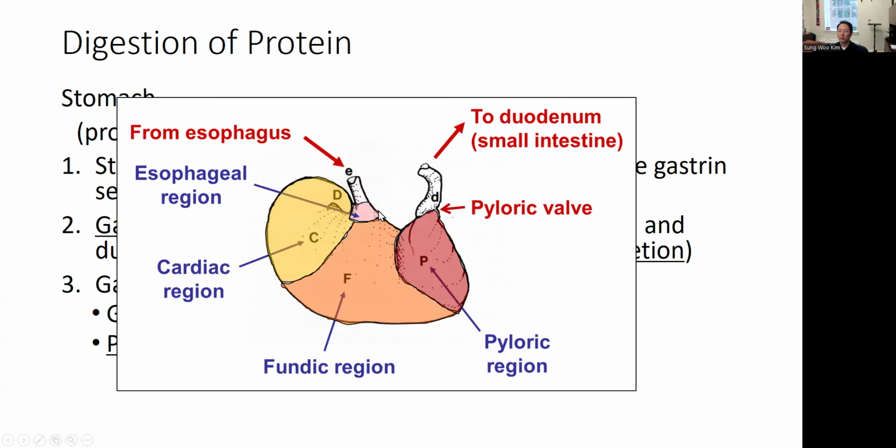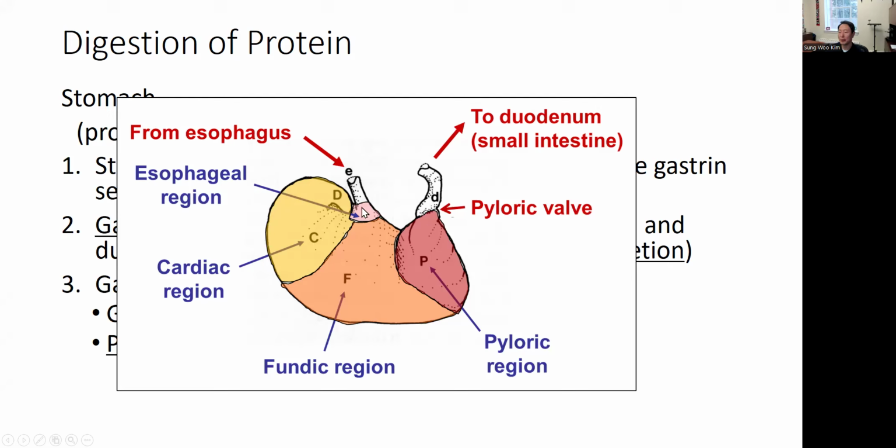Here, I'm showing you the structure of the stomach. This is the case of a pig, and human is very similar. Avians are different. In the case of the abomasum, it will be similar. This is the esophagus, and that very small portion of the stomach connected from the esophagus is called the esophageal region.